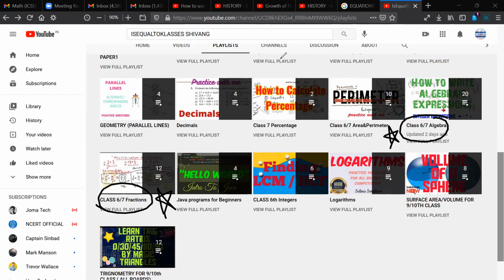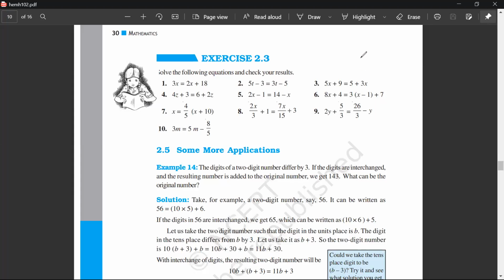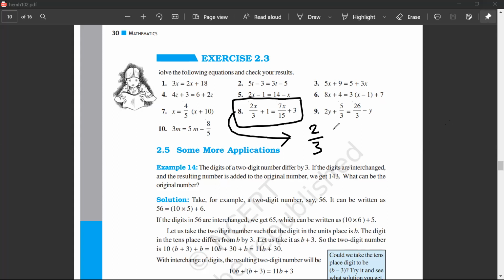Sarthak, any doubt? Okay. Can you see the PDF again? Yeah. Sarthak, how should I solve this? Question number 8. So we'll put 7x upon 15 onto the left hand side.